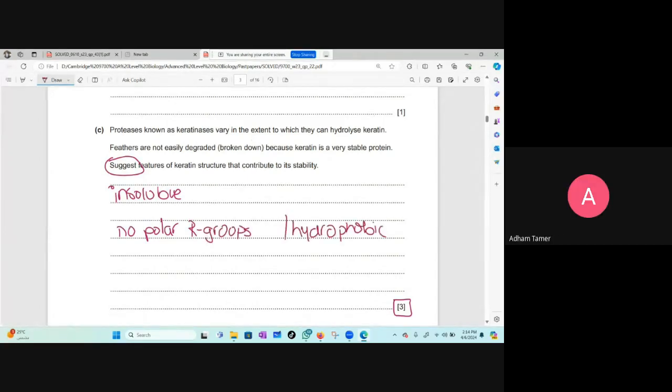Okay, I want 2 more. Contains a high number of hydrogen bonds. Covalent bonds. Peptide bonds. All bonds.